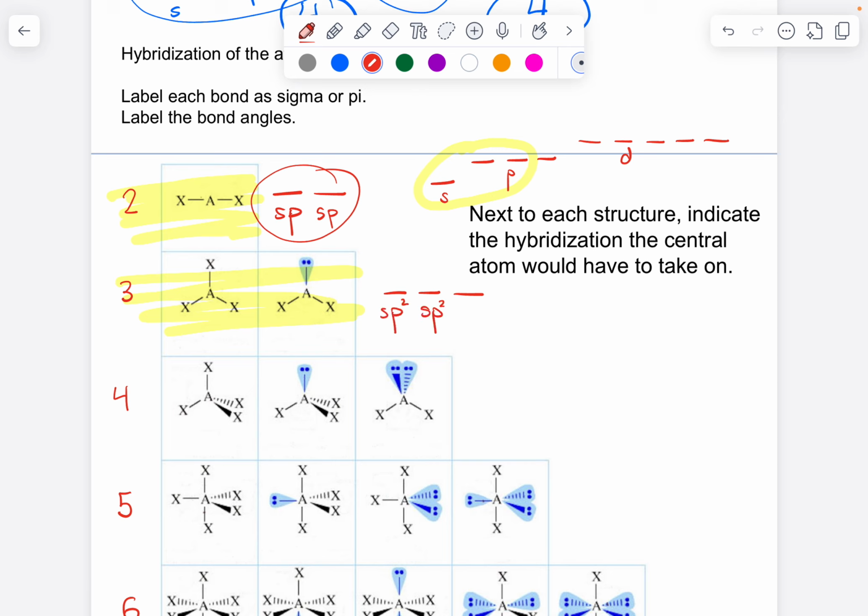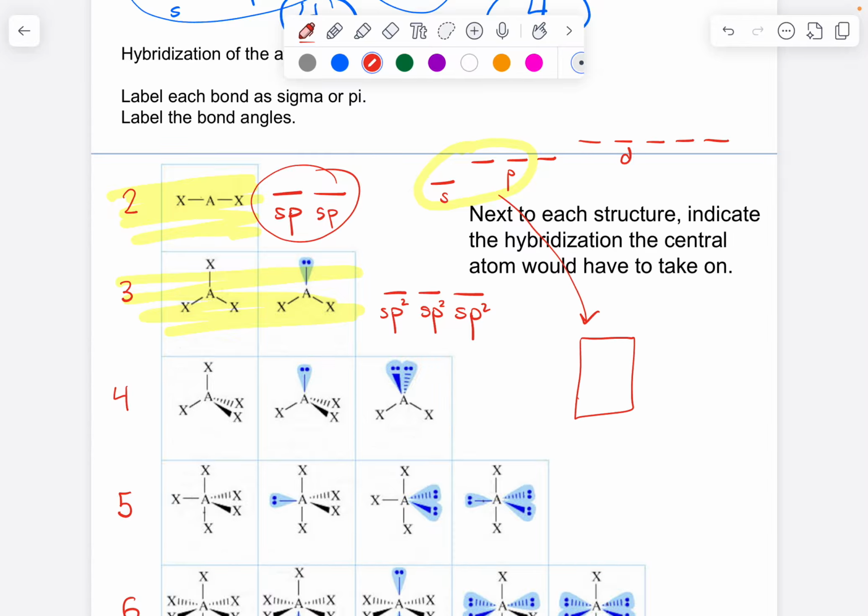This is an sp2, that's an sp2, this is an sp2. Okay, what does sp2 mean? It means I took one s and two p's.